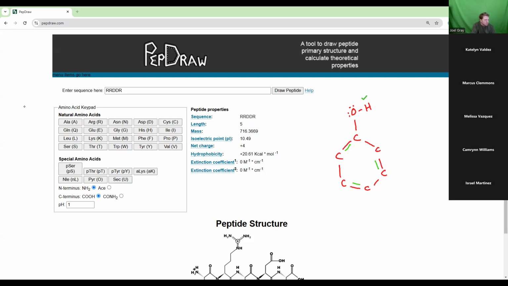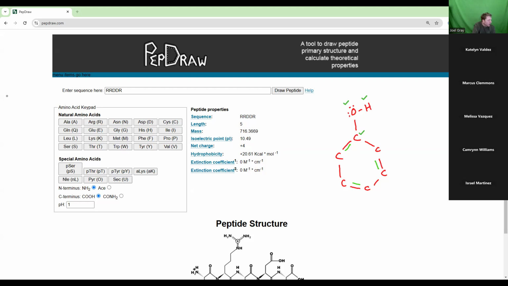So that oxygen is good. Check. This carbon going down has 1, 2 bonds to the left, 1 above and 1 to the right, so that's good. Now my next carbon has 1, 2, 3 bonds. It is not good. And basically all the rest of them are no good.